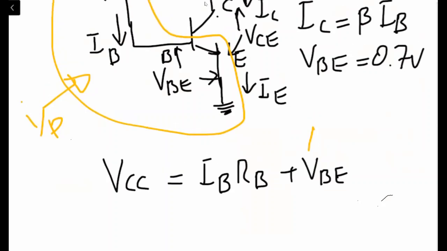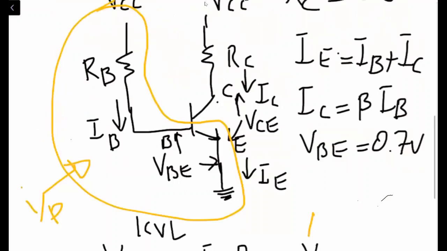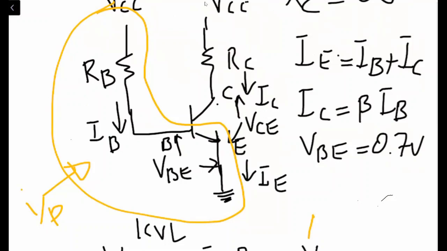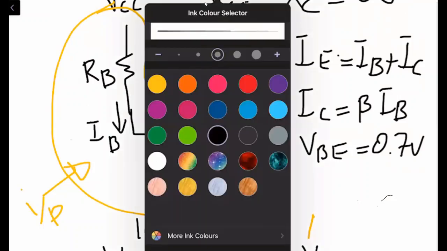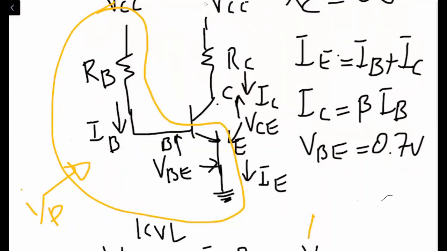Applying KVL to this circuit, we are going in this direction, right? When we are going in this direction, VCC should be equal to the drop across the base resistor.